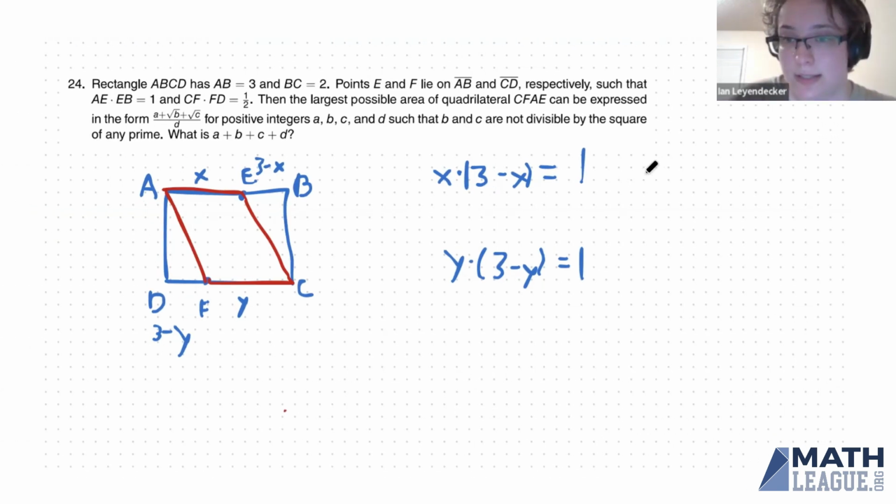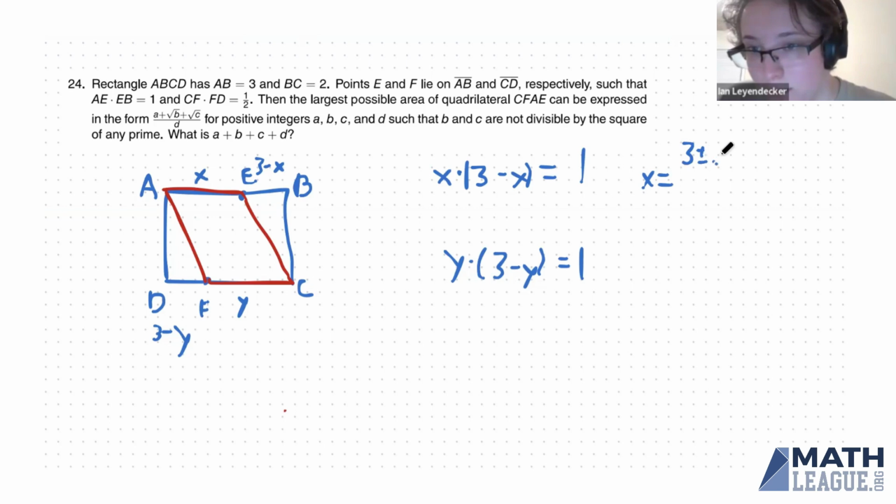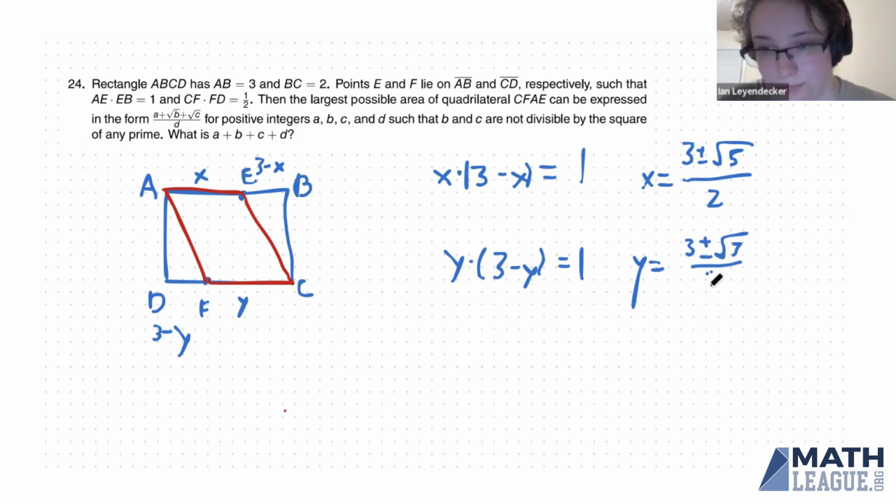So X in this case will be equal to 3 plus or minus root 5 over 2. And Y equals 3 plus or minus root 7 over 2. Now, remember, we want to maximize X and Y without them going over 3, but neither of these possible values will go over 3.